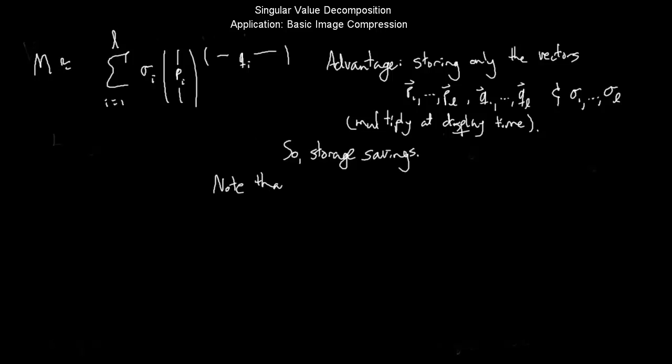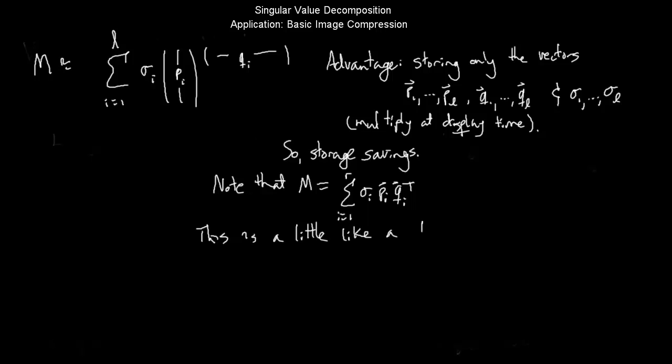I want to point out that your M is realized as this summation of sigma i times p i q i transpose, i running from 1 to r. And you can view this as sort of like a Taylor approximation for matrices.